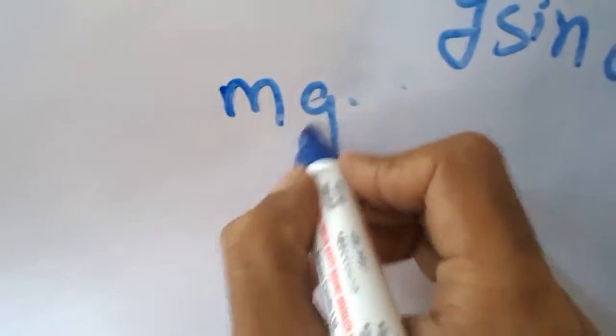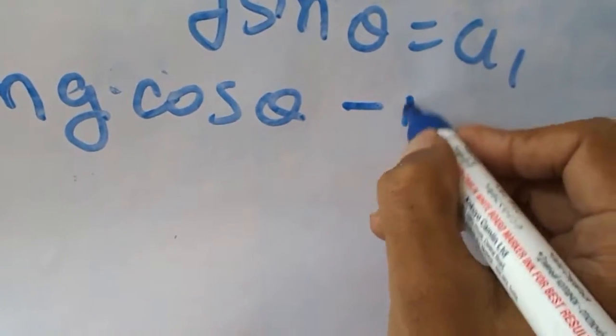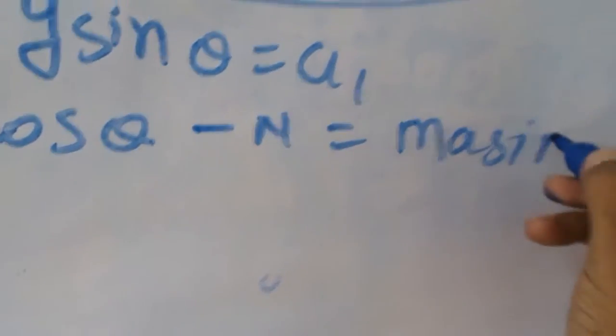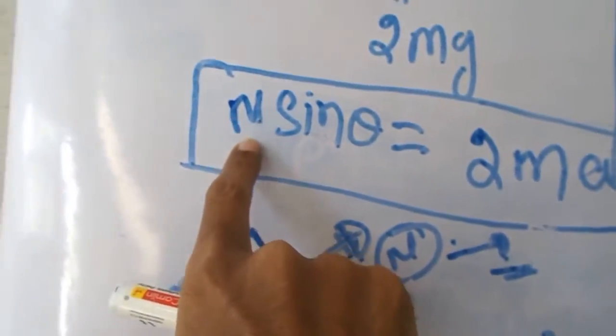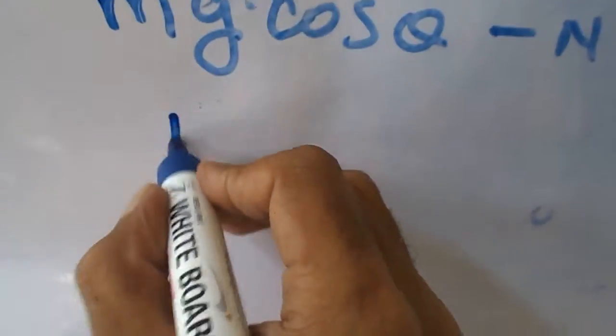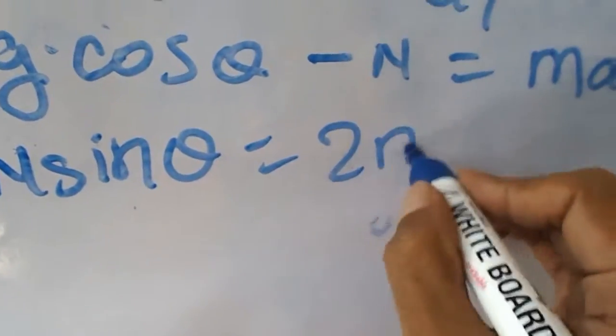Now we have to find this. Guys, we had mg cos theta minus N is equal to m A sin theta, and it is given that N sin theta is equal to 2mA.